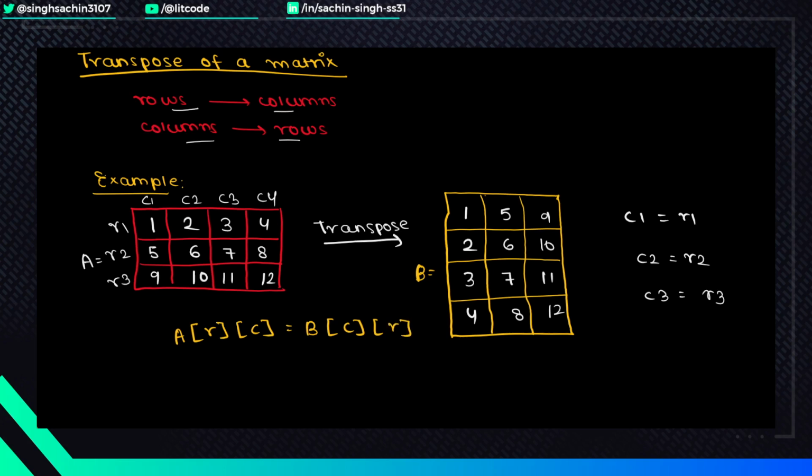For any particular coordinate, for example 1 comma 1, or let's take some other coordinate, maybe this one, 2 comma 1, where my row was 2 and column was 1, when I just interchange the value of row and column, we are simply doing the transpose. That is a right statement, right?